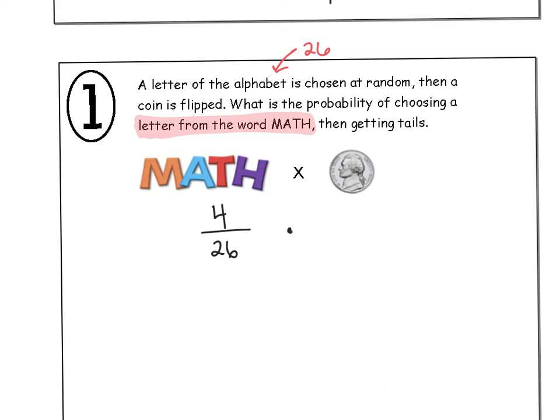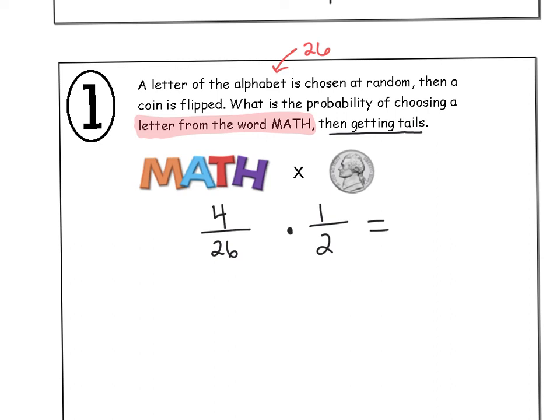And I'm going to multiply that times the probability of getting tails. Anytime we're flipping a coin, the probability of flipping one or the other on a coin is 1 out of 2. So you're going to do the same thing we've been doing.